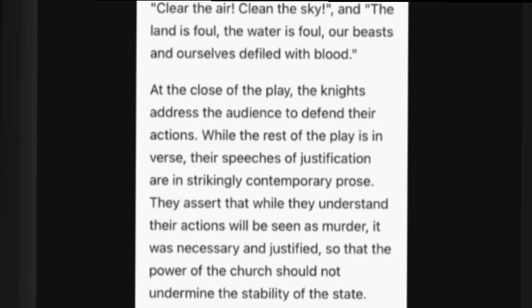Can anyone talk about the symbolism, things we have to know concerning the book?